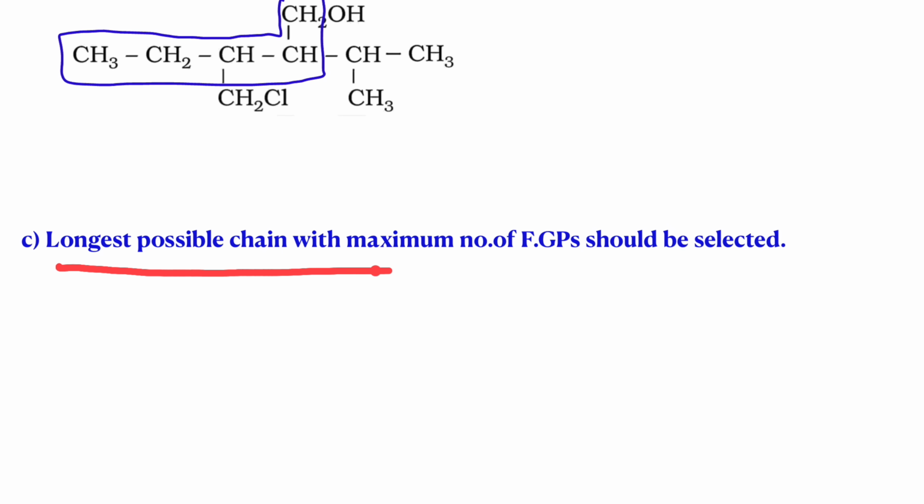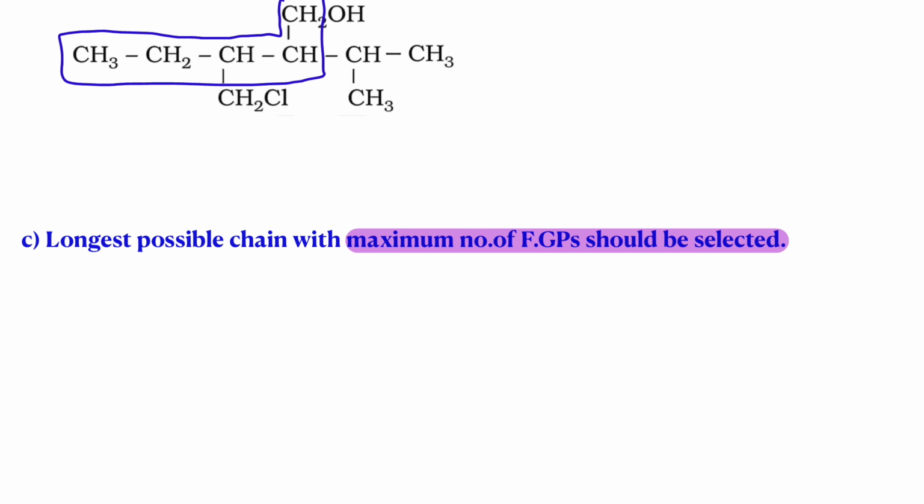Longest possible chain with maximum number of functional groups. So if the compound contains more than one functional group, we have to select the longest chain in such a way that the maximum number of functional groups should be present in the longest chain. For example, here it is a COOH, and here this is also COOH.